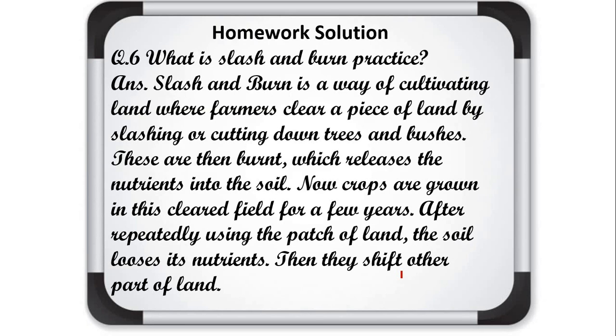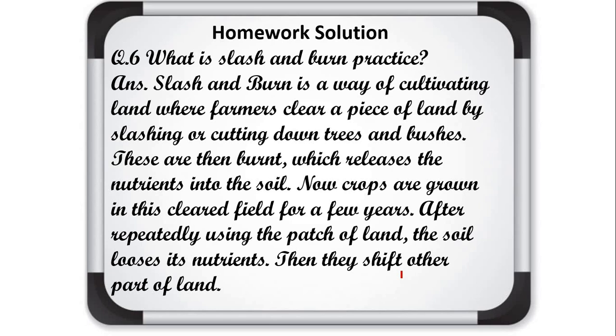What is slash and burn practice? Or the other question related to this topic: write a short note on shifting cultivation. Slash and burn agriculture is another name for shifting cultivation. It is a way of cultivating land where farmers, mainly tribal people, clear a piece of land by slashing or cutting down trees.